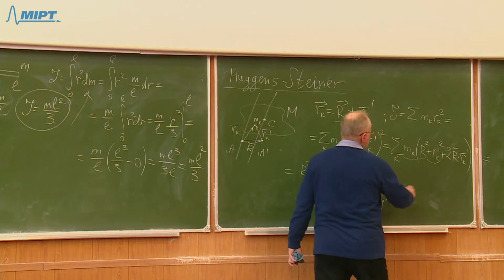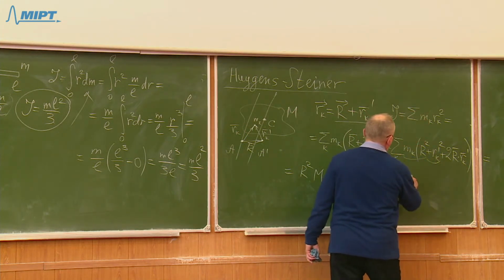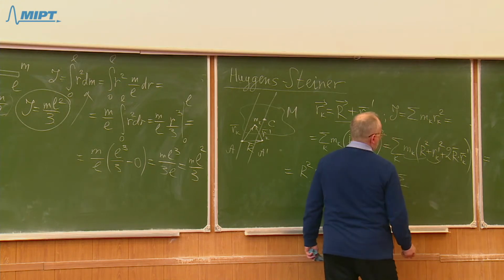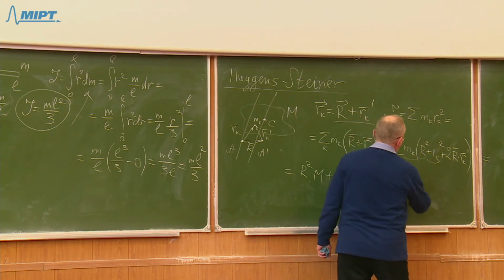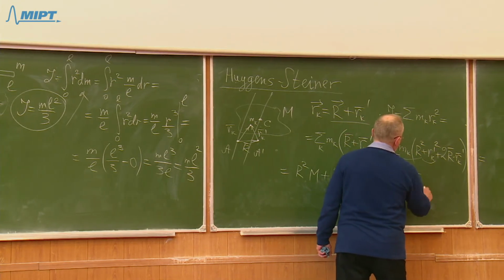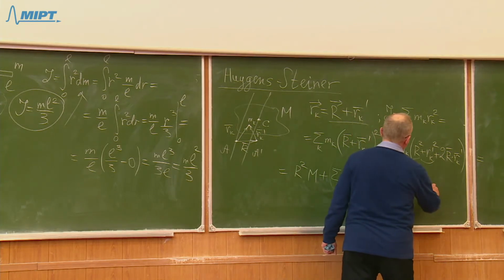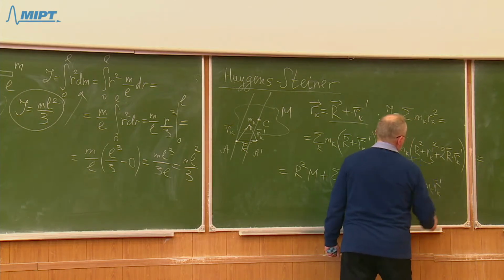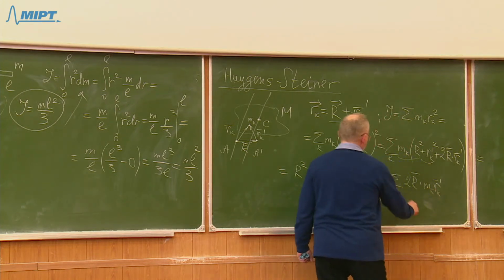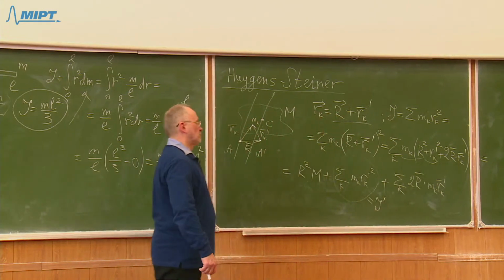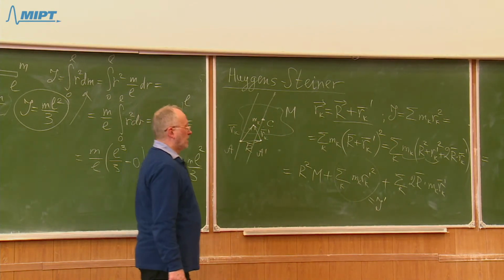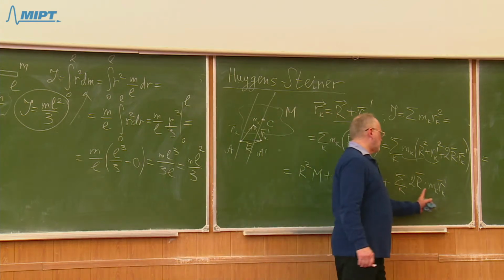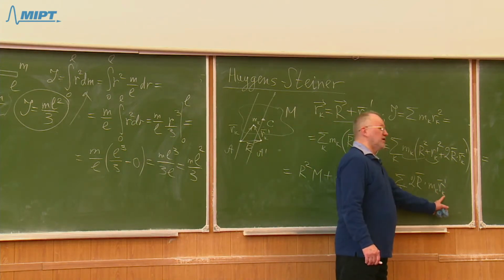And plus the last term, which will be 2 capital R, and I will put it this way, the sum of mk vector rk prime over all the points. What is the sum of mk rk?